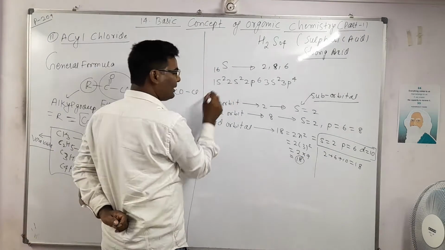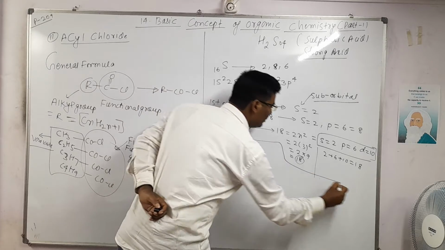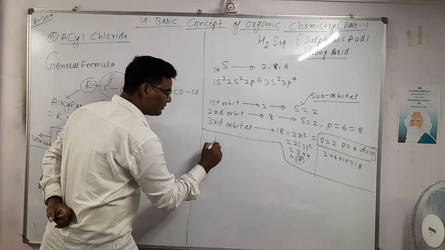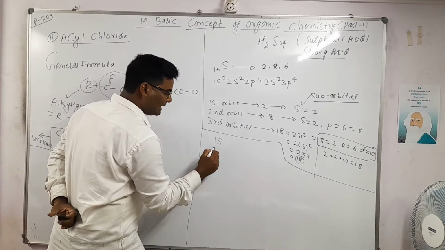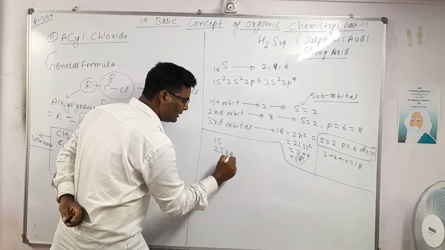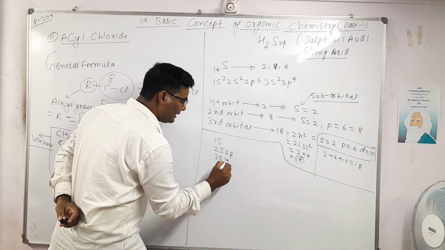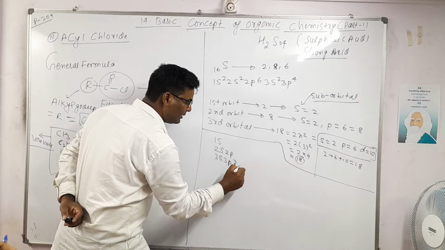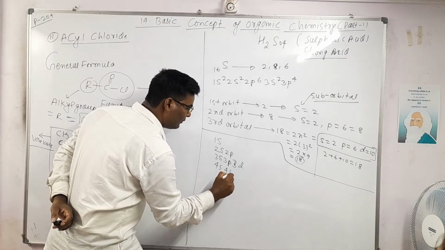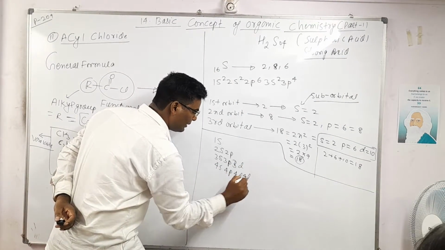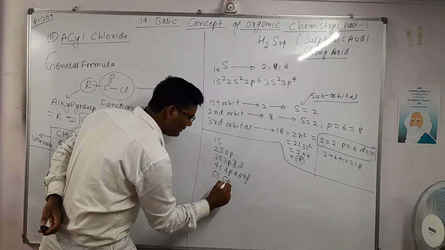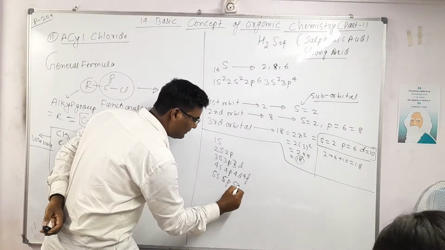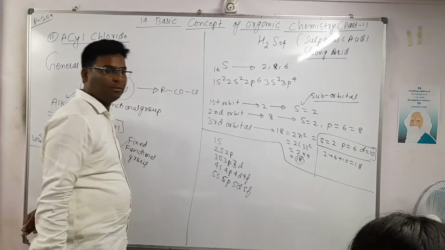I have written this, and that is called the Aufbau principle. The first orbit can be written as 1s, the second orbit as 2s, 2p. This is 3s, 3p, 3d. Next will be 4s, 4p, 4d, 4f. Next one is 5s, 5p, 5d, 5f. Right?